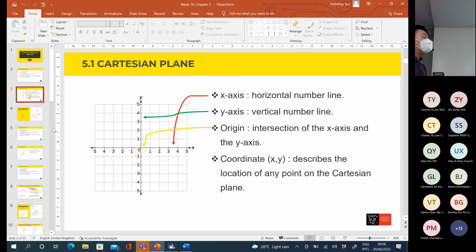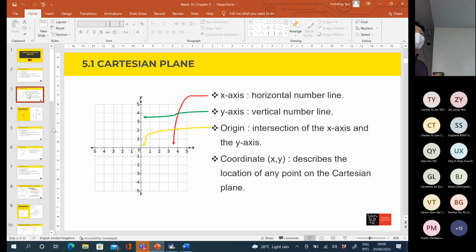The intersection point between the x and y axes is called the origin point.